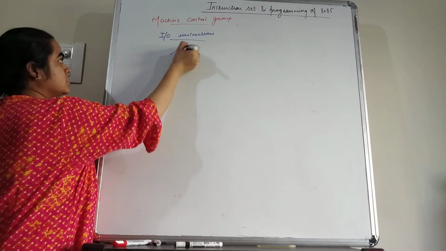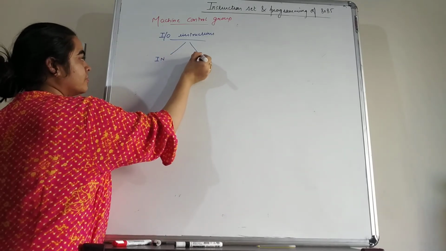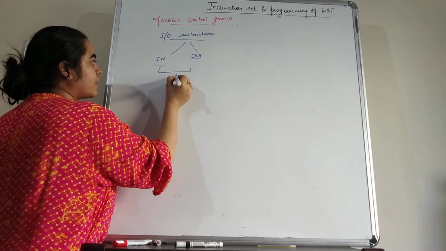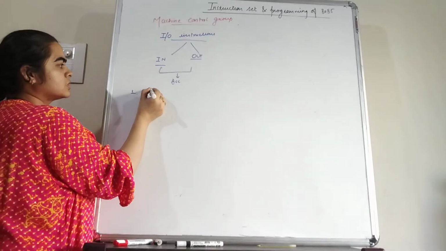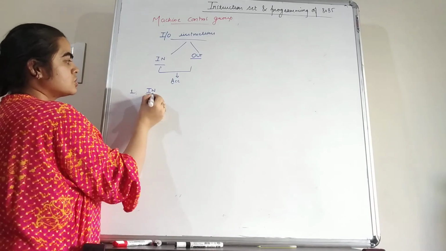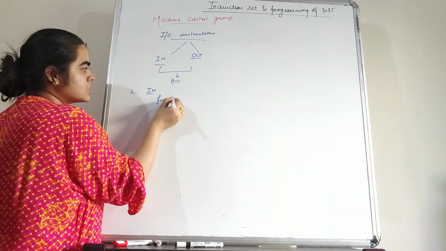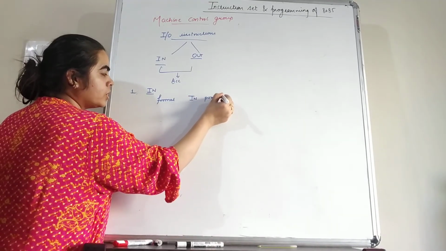In this type we have two instructions, one is IN and the second one is OUT. For these instructions we require the accumulator. Now students, firstly we will discuss the IN instruction. In case of the IN instruction, the format is IN, and here we write the port address.